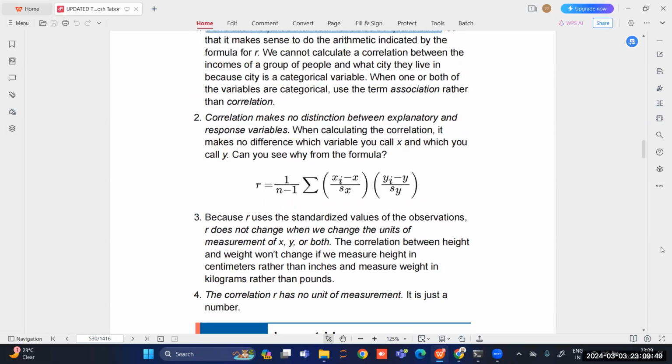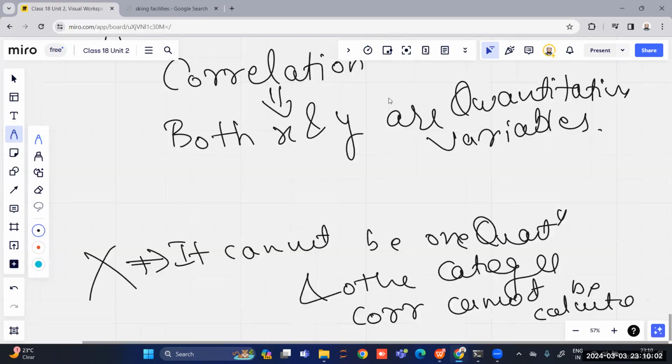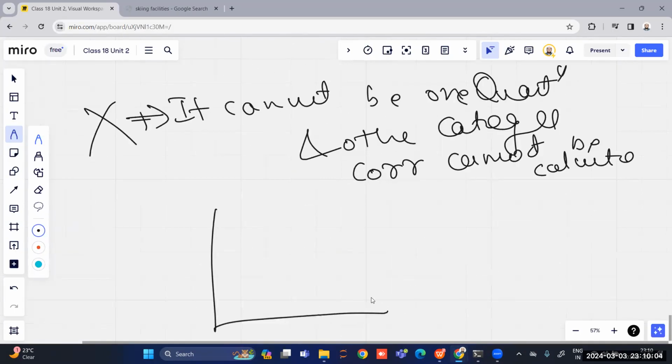When one or both of the variables are categorical, use the term association rather than correlation. So we can plot an association graph between categorical variables.